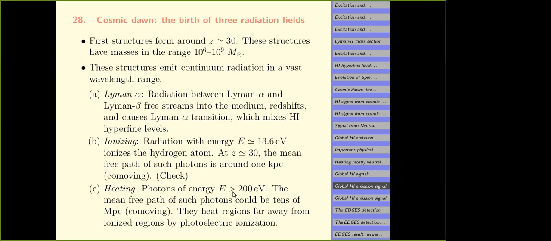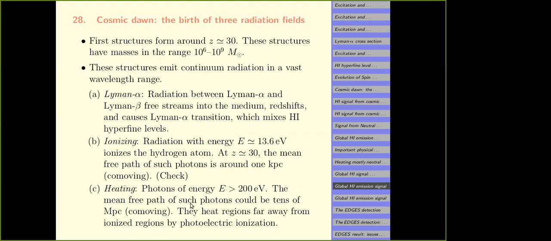If you have photons of energy greater than 200 electron volt, typically their mean free path is much larger than that at 13.6 electron volt, because the cross section of absorption is down by a factor of 1 by nu cube. So you can see 13.6 divided by 200 raised to the power 3. That gives you a much larger number.